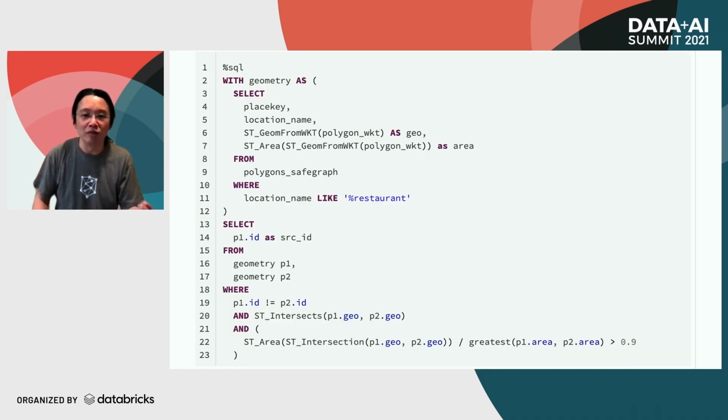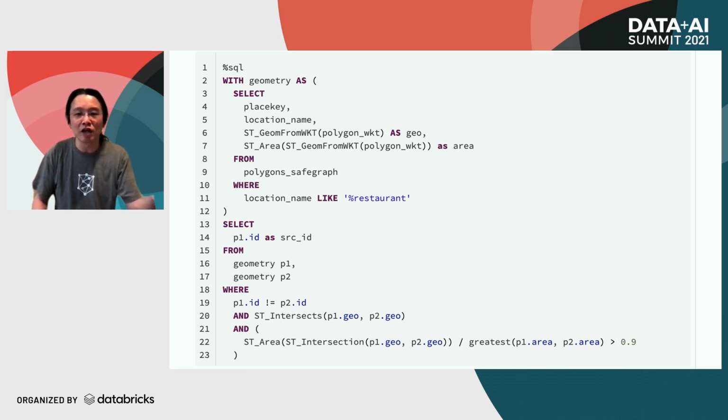Here's one example of it. What you see at the top here is we're taking the polygons from the data set. We're doing some processing, so we filter out certain POIs that we're looking for right now. And then we take some of these SQL functions and take the WKT definition and convert it into a geometry object, or compute the area from it.